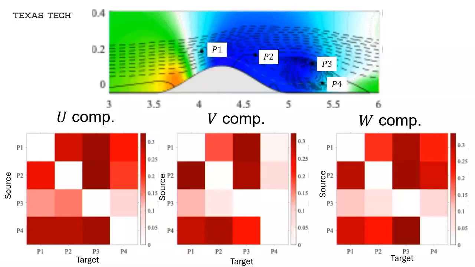Here we show the transfer entropy measurement between these 4 points, and we find that most of the effect comes from the upstream side of the bump, because those dipoles only affect the shear layer, but they don't interact as much with point 4, the reattachment point. We did this for the 3 velocity components and don't find much difference between them. But what is happening at the reattachment point affects a lot what is happening at the onset of the shear layer. Okay?